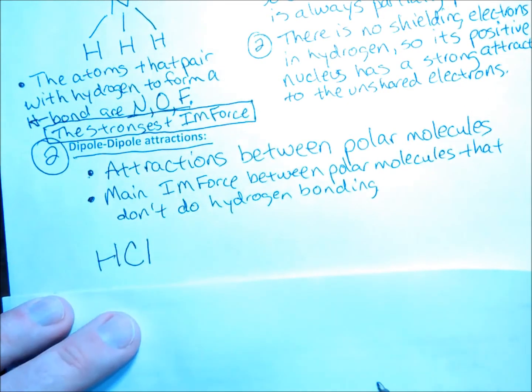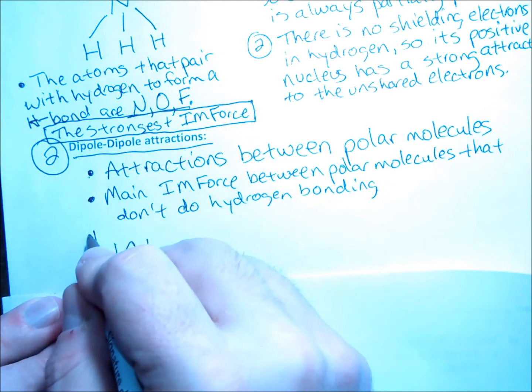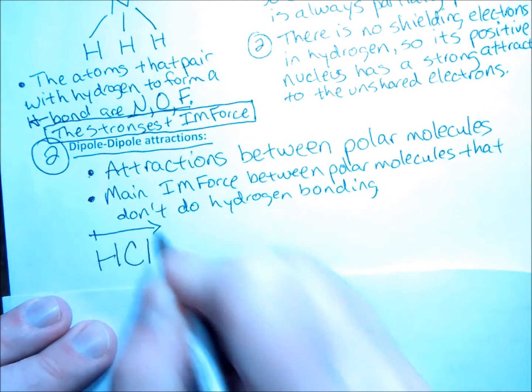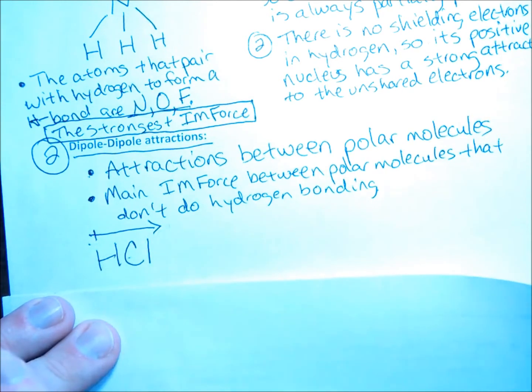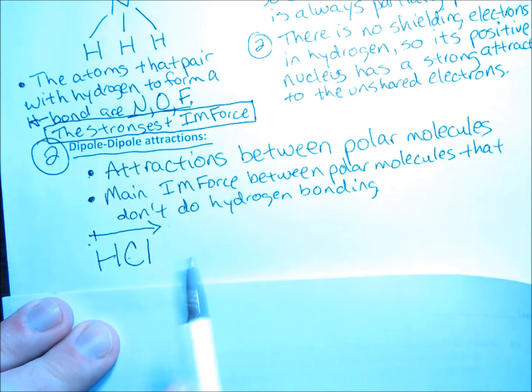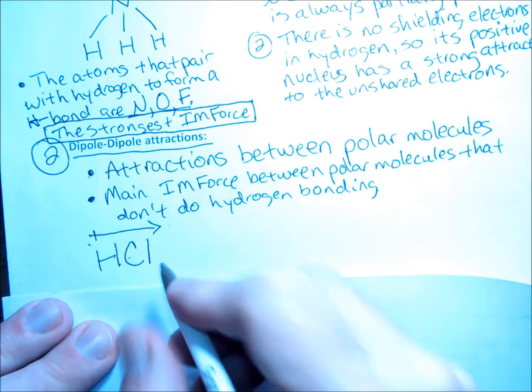Let's say you have HCl. Okay. One HCl molecule. The hydrogen is partially positive. The chlorine is partially negative in that bond there. You have a polar molecule, that's the only bond there. One end is partially positive, one end is partially negative.